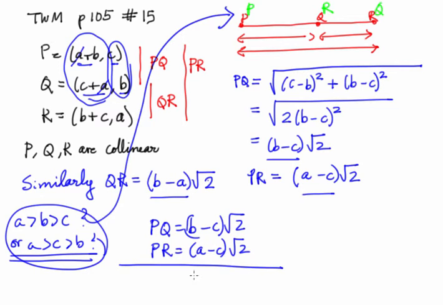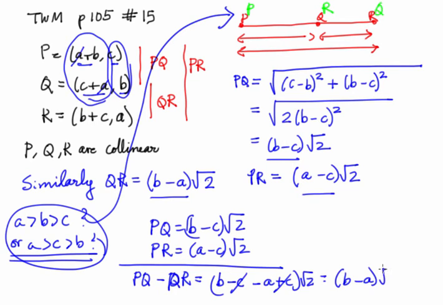Then if I take PQ minus PR, I will get b minus c minus a plus c, and what will happen is this will cancel out into root 2. That will be b minus a into root 2. And of course, this is the same as what we calculated for QR.